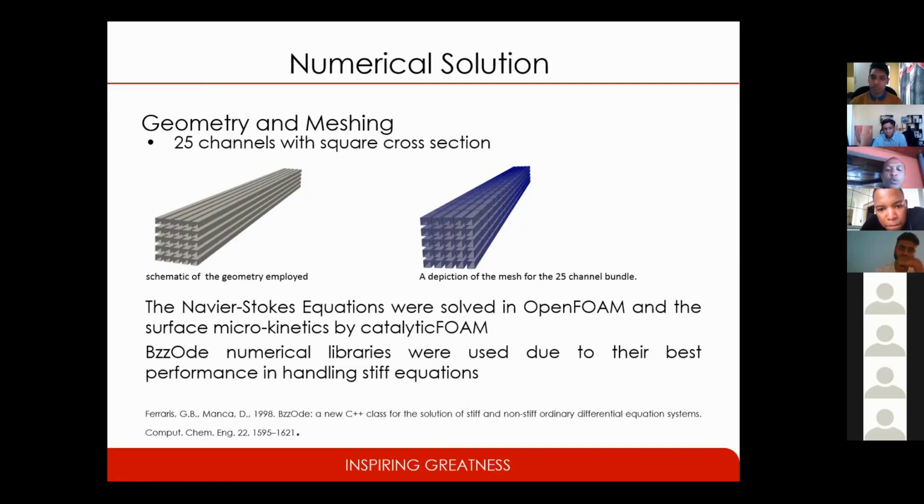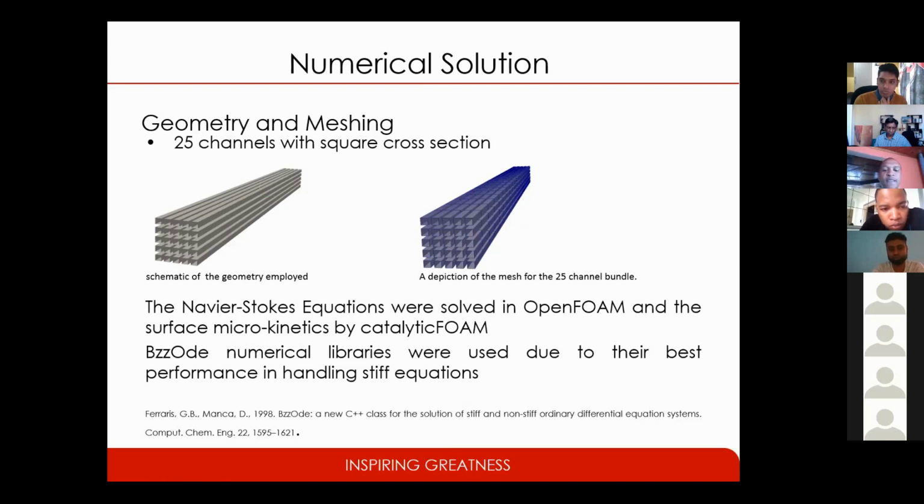So what we needed to do was to use another solver for the microkinetics at the catalytic walls, called Catalytic Foam, and couple this with the transport equations in OpenFOAM. Previously there was no way that the microkinetics could be coupled with transport in OpenFOAM; you would have to couple it with some other external subroutines.